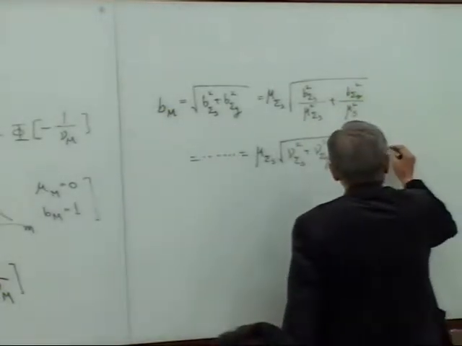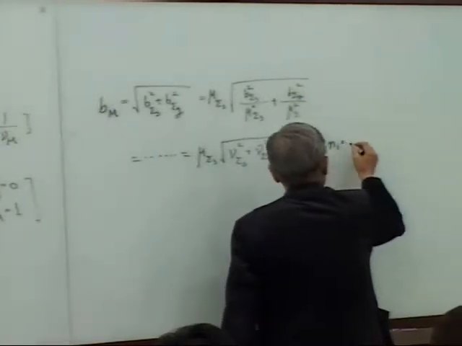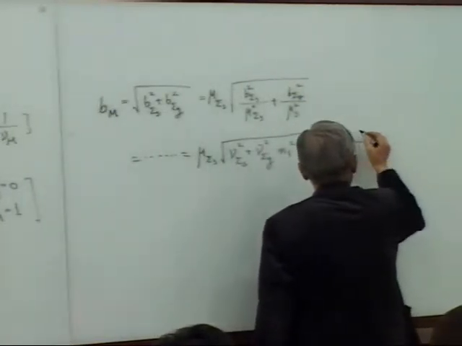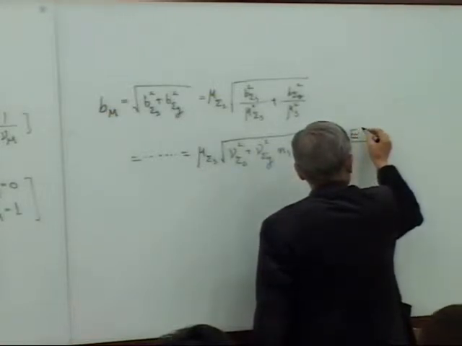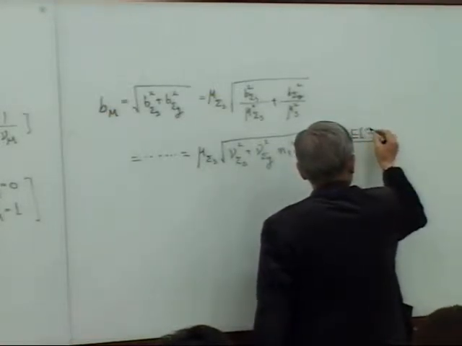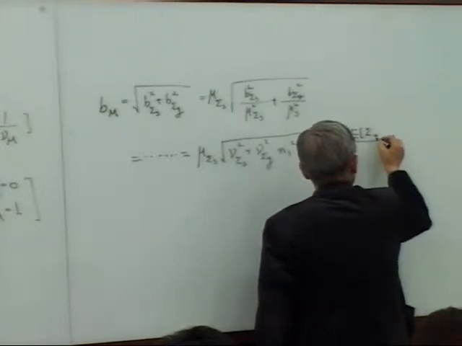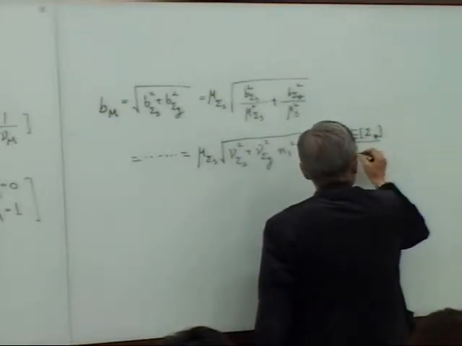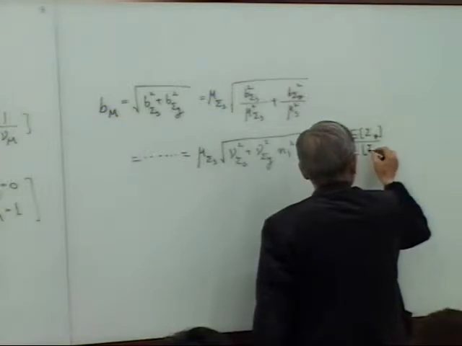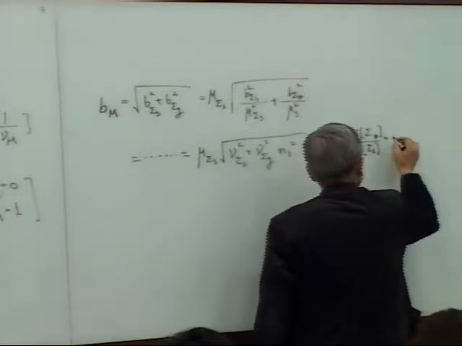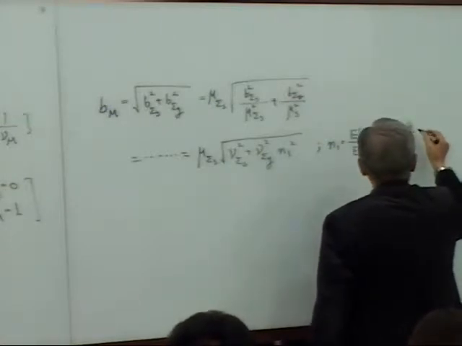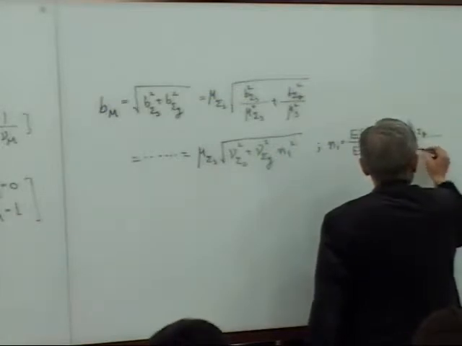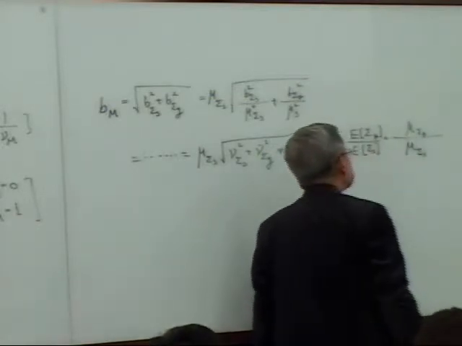So central safety factor N1 is equal to, if I just write this notation, which is the same thing, mu sigma Y over mu sigma S.